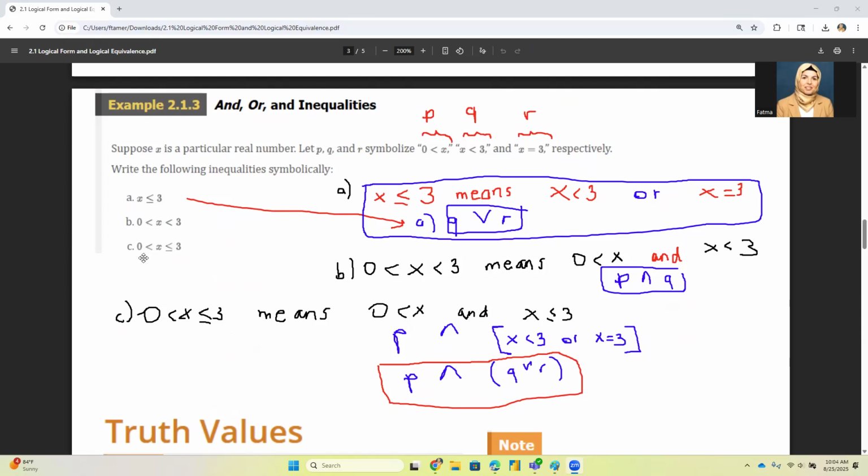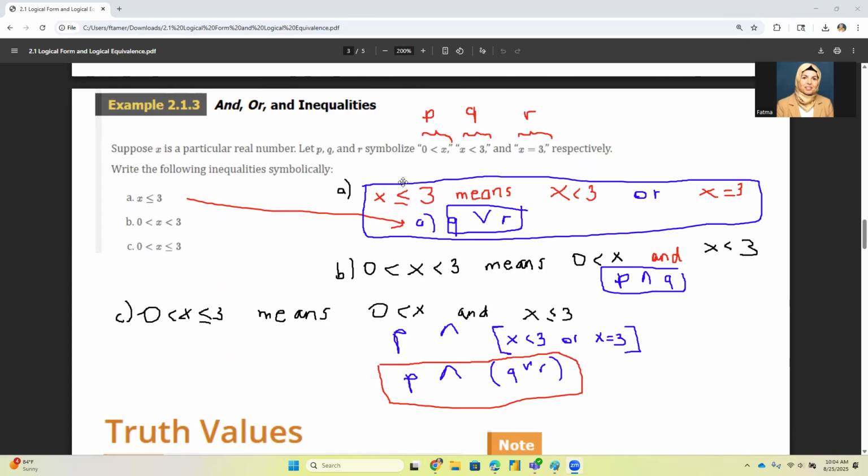The last one is 0 is less than X and X is less than or equal to 3. So first, the meaning of this inequality is 0 is less than X and X is less than or equal to 3. Now I'm going to find the letter corresponding for this from the problem. So the letter corresponding for this one is P, and this symbol. The letter corresponding for this one is not given already.